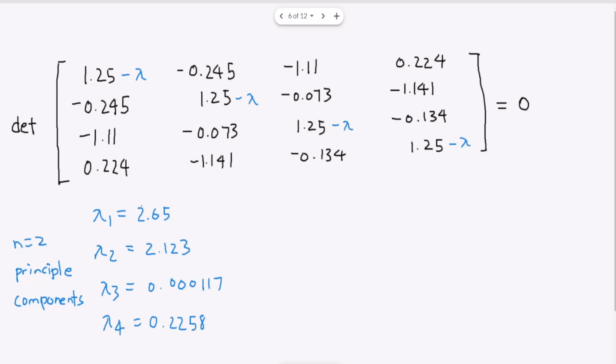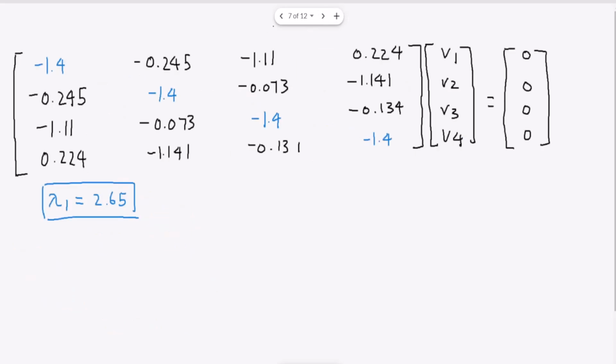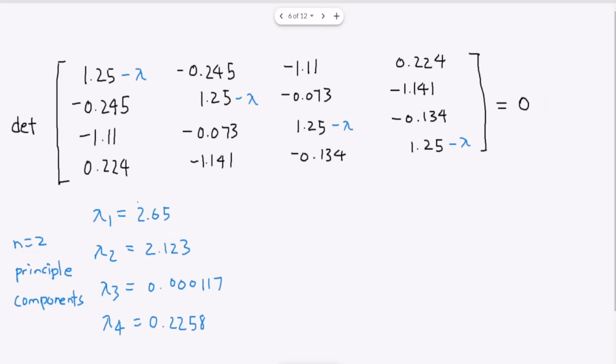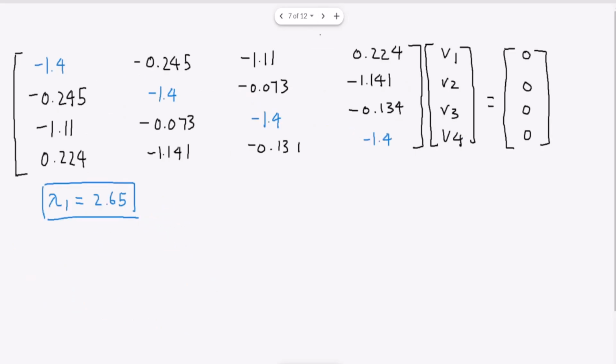Remember what I said about subtracting the eigenvalue from each diagonal. For each eigenvalue, we subtract: if we subtract lambda 1, which is 2.65, from this 1.25, we're left with this. To calculate this eigenvector v1, v2, v3, v4, this is essentially a system of equations.